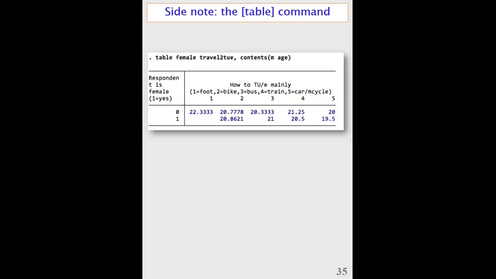Here we see for males, for zeros, the average age is 22.3 for those who came on foot. And for quite a few different examples, it's useful to be able to generate a crosstab like this through the table. We can do more here, and for me, it's just one example. There are different ways to get different outputs here: standard deviation, frequency, any kind of different things you might want to add.